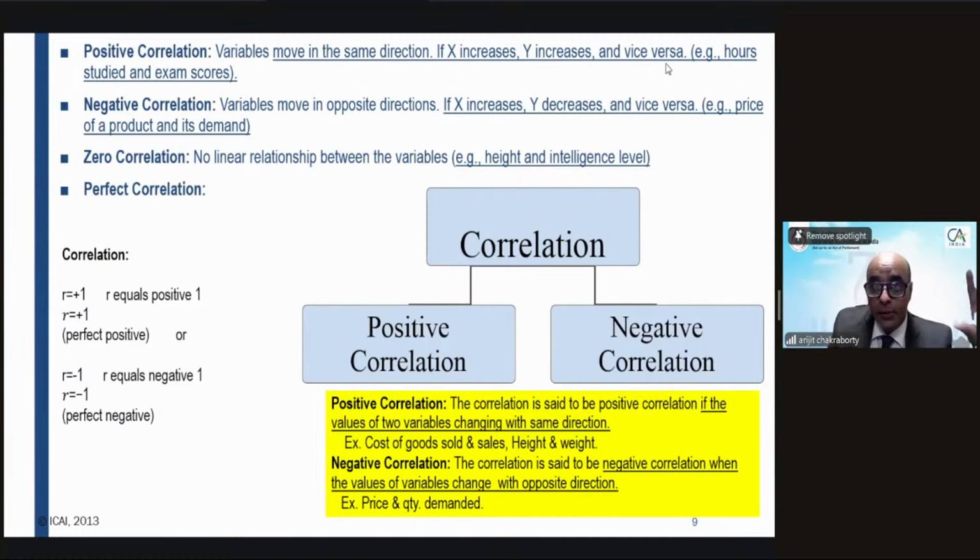So we have seen that correlation deals with two questions. Number one, is there any probable association or relation between two sets of variables?